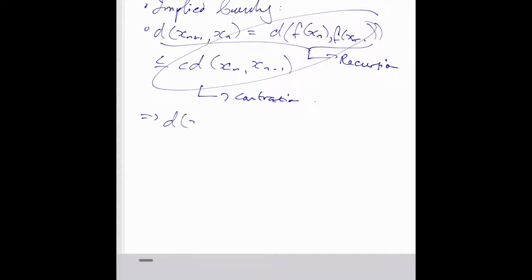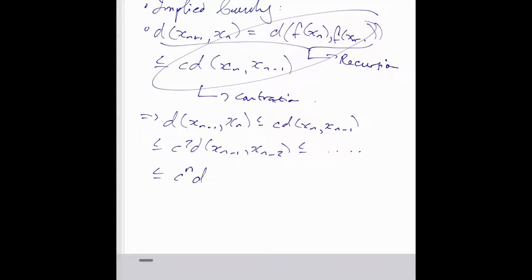So this implies that the distance between the x_(n+1) and x_n terms is less than or equal to c times the distance between the x_n and x_(n-1) terms, which is less than or equal to c squared times the distance between the x_(n-1) and x_(n-2) terms, etc., until we get c to the power of n times the distance between the x1 and x0 terms.